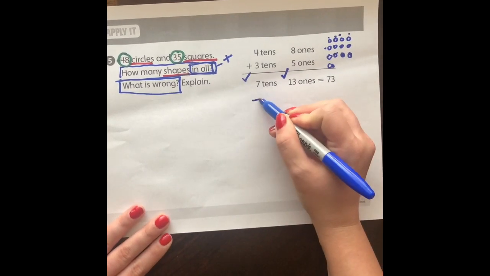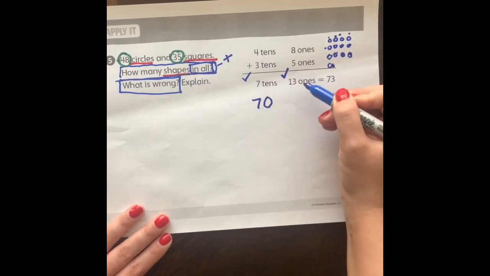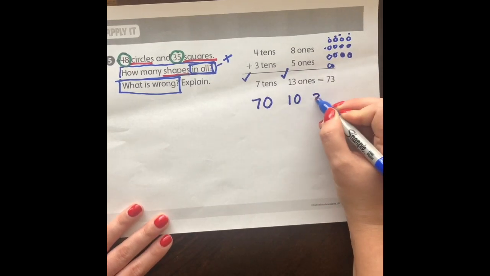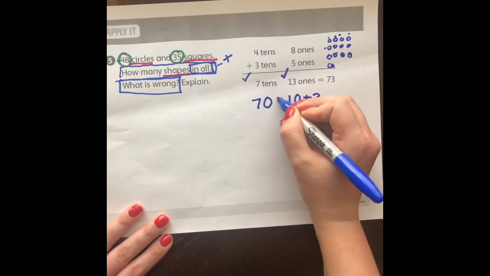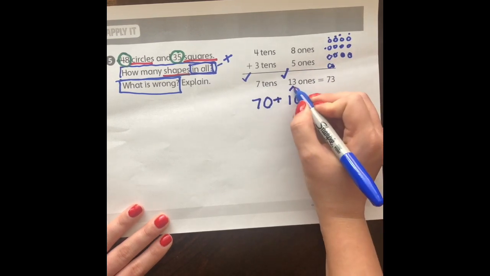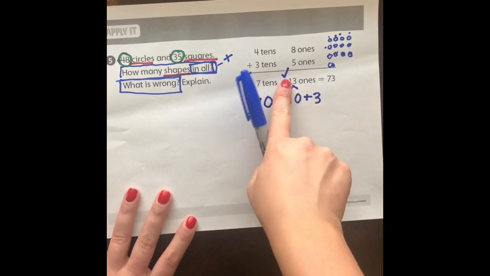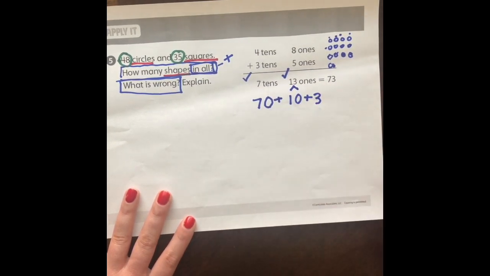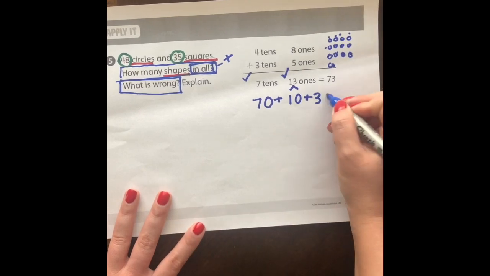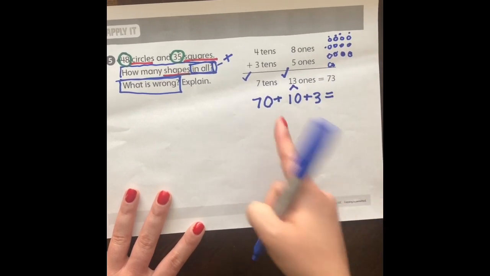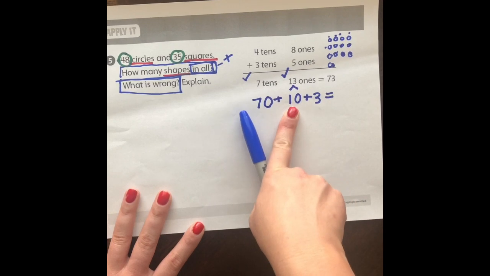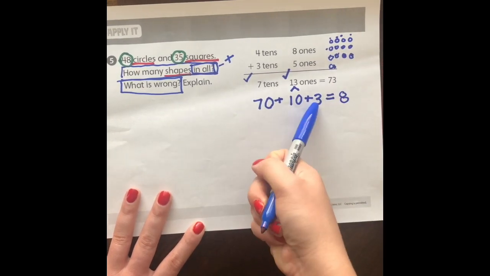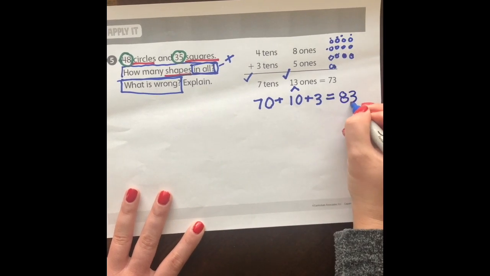7 tens looks like this, 70, and 13 ones looks like this. Because like we've shown with our number bonds, 13 has 1 ten and 3 ones. So what we're going to do now is add this all together. If we have 7 tens and we add 1 ten, we get 8 tens. And then when we add our 3 ones, we get a 3.